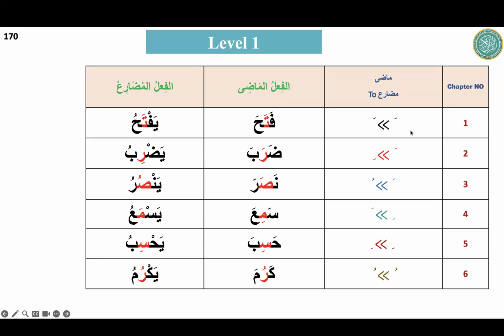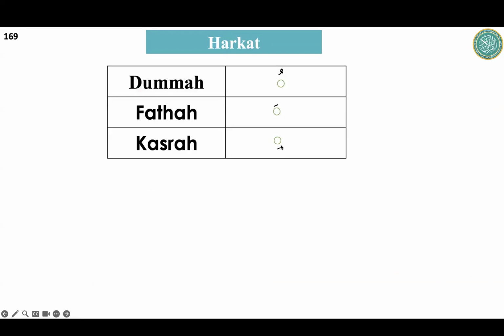One is called fatha. Fatha means this one, when it is just above a letter. Below the letter, that will be called kasra, like if you look at the meem and there is a kasra. And then there is another one, damma. So we have fatha, kasra, and damma.